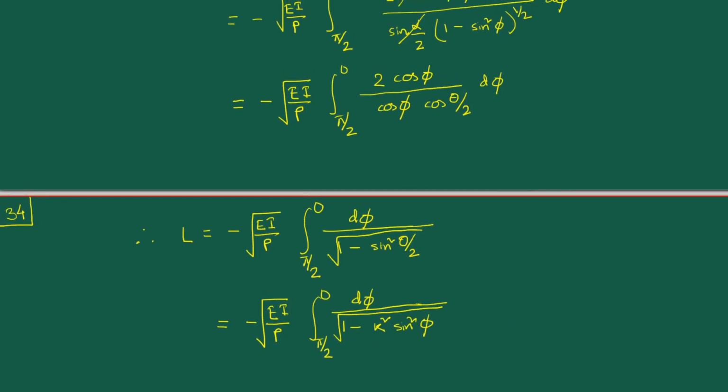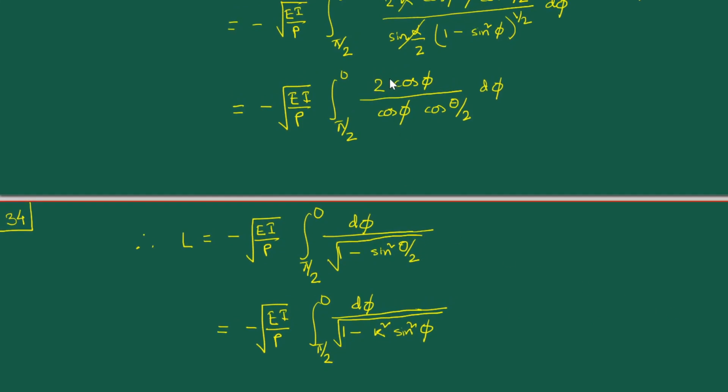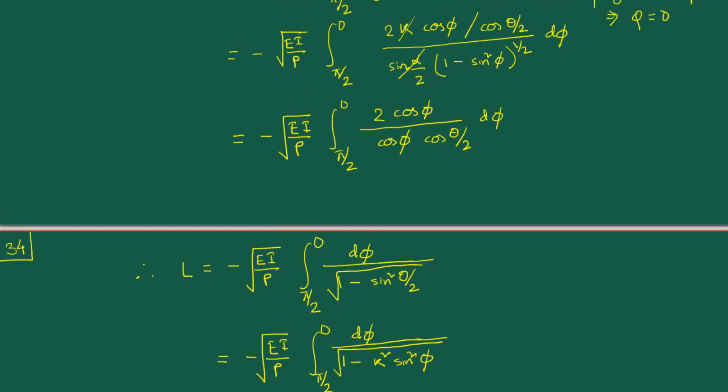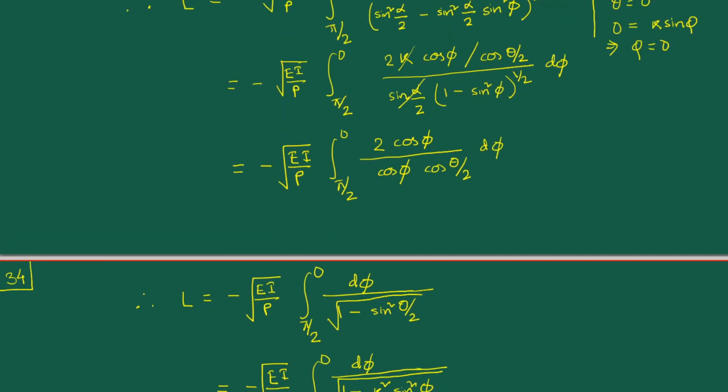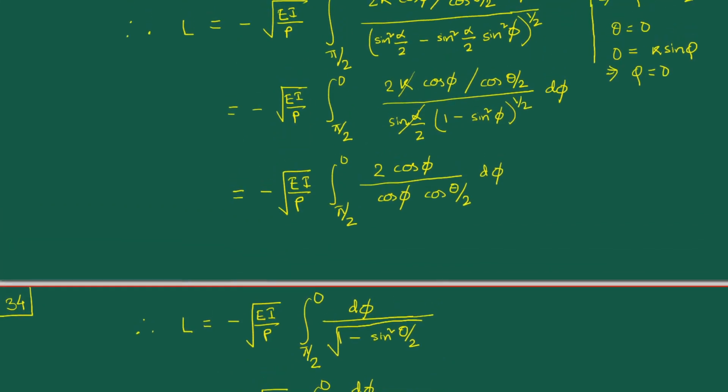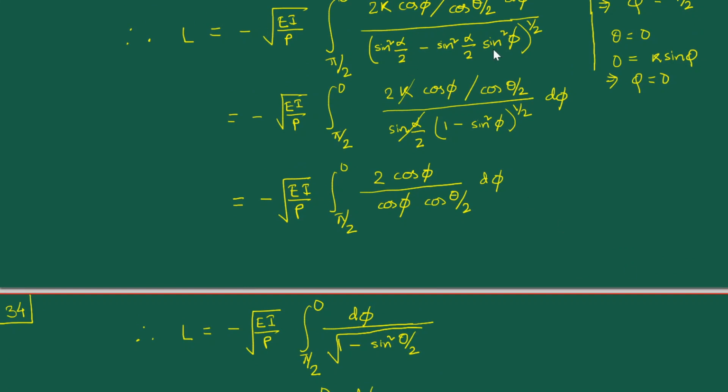Now, let me just check if I've made any mistakes here. In going from this step to this step, let me just check from the beginning. All right. So, in going from this step to this step, I have missed this 2 here.